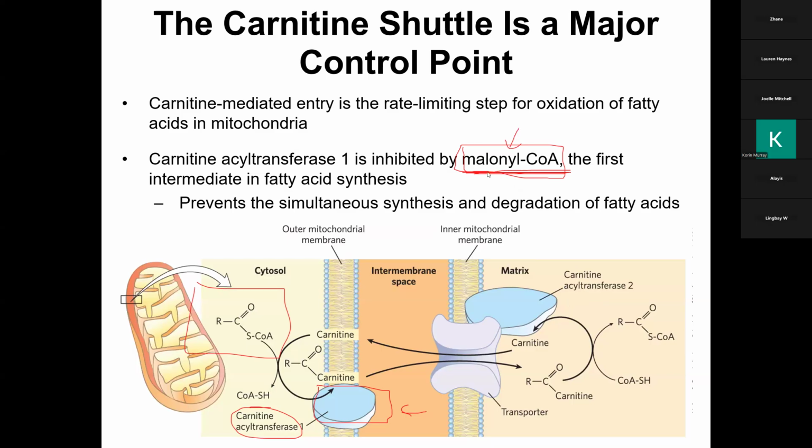And so this malonyl CoA will inhibit carnitine acetyltransferase 1. And it won't inhibit it as a normal inhibitor. It will act as an allosteric negative modulator. Who can tell me what an allosteric negative modulator is?